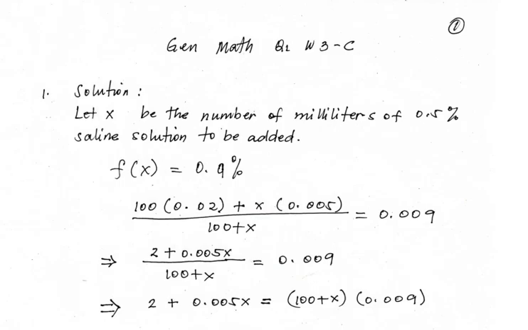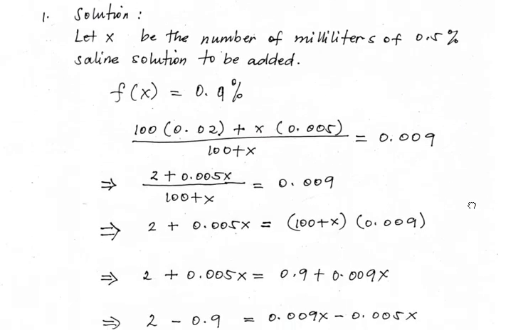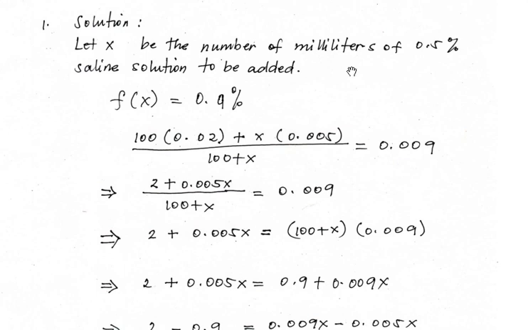For the solution, let x be the number of milliliters of 0.5% saline solution to be added to 100 ml of the 2% saline solution.